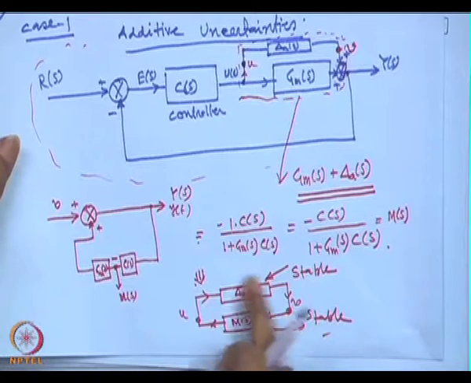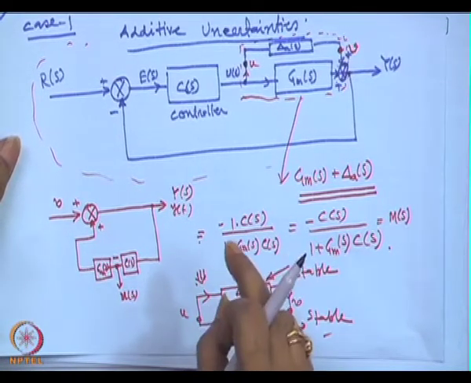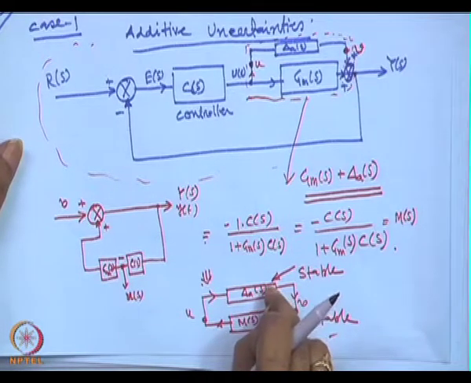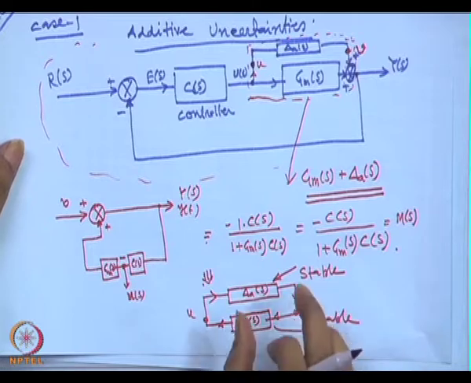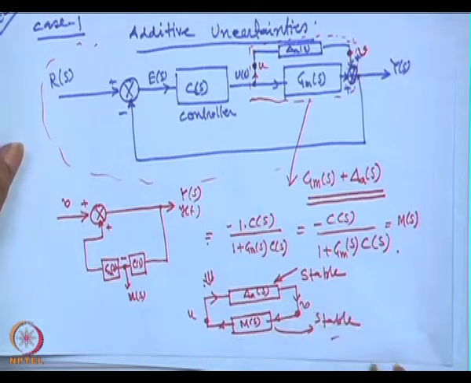So, now refer back to our plant. We have to show that the absolute value of M(s) into delta(s) must be less than 1, or the individual absolute value product must be less than 1.